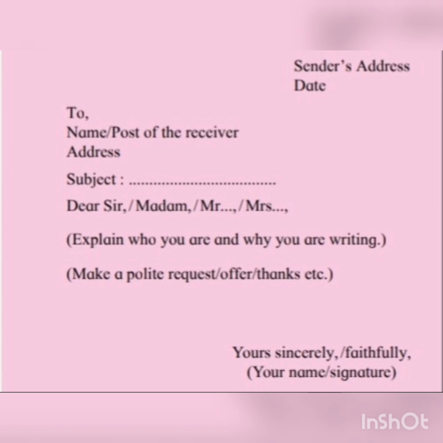Subject means why you are writing the letter. After that, you have to write respected sir, respected madam. And then you have to start writing the paragraphs, meaning the body of the letter. At the end, I told you that you have to write yours sincerely, yours faithfully, and below that write your name and signature. So this is the format of a formal letter.